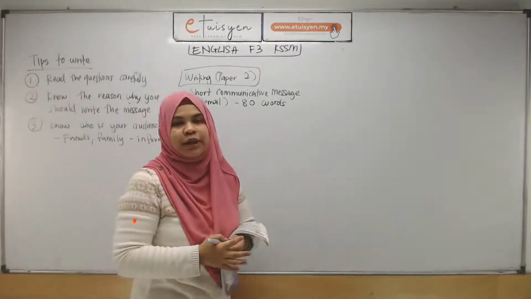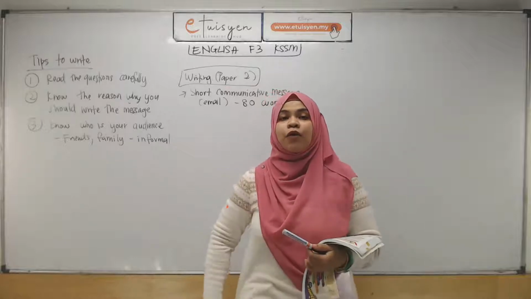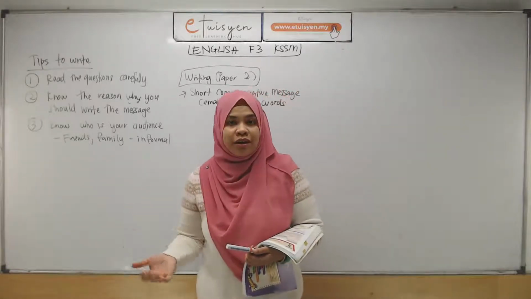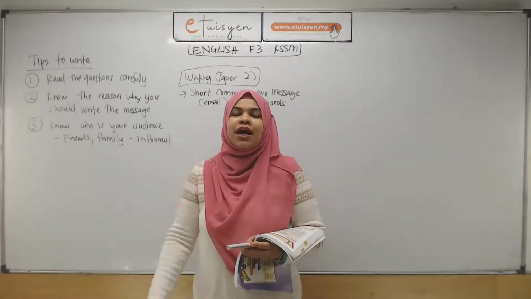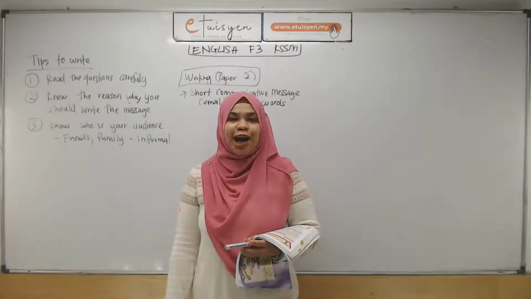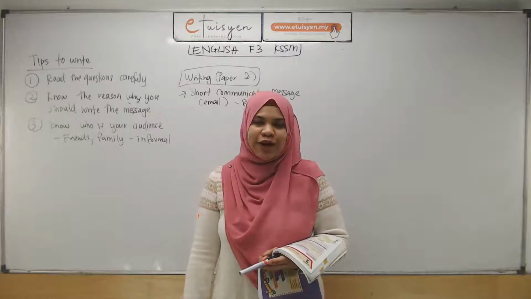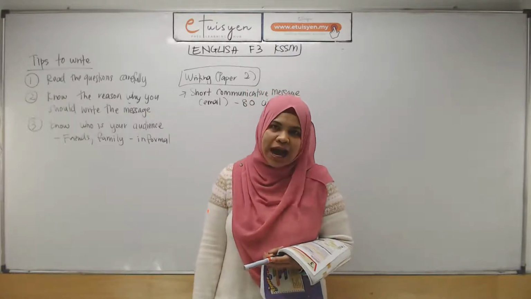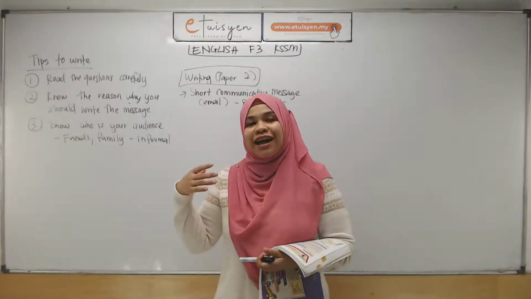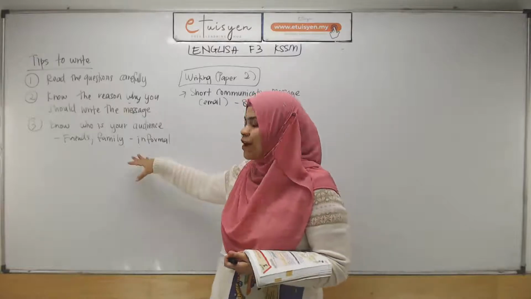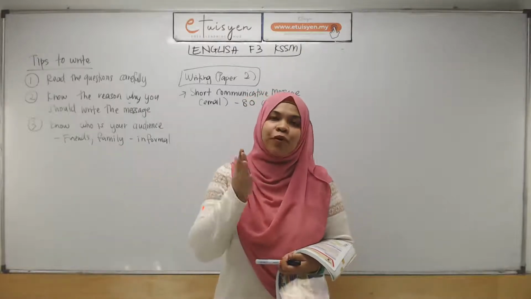Informal dengan formal ni, maksudnya informal ni macam mana you bercakap dengan kawan-kawan. Takkanlah cakap dengan kawan-kawan, saya akan berikan awak satu pucuk surat, saya hendak makan bersama dengan awak. Tak adanya korang cakap macam tu dengan kawan korang. So that's why with your family or friends you will use the informal tone.